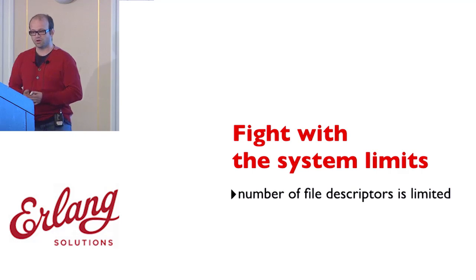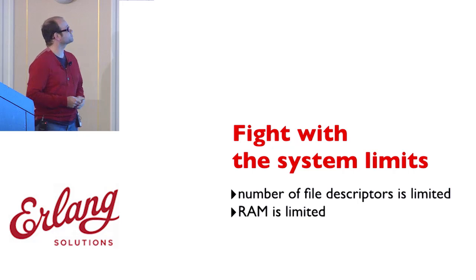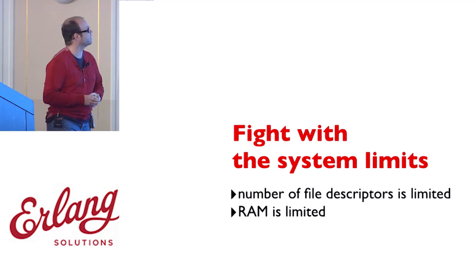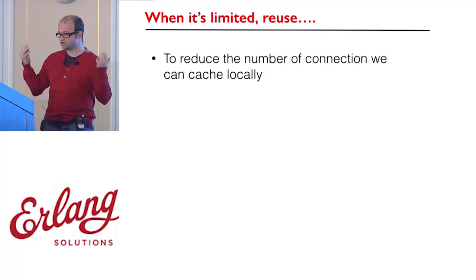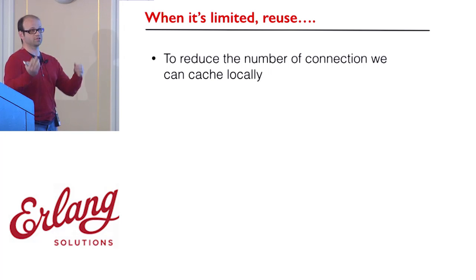The RAM, the memory is also limited, of course. So when it's limited, it's reused. So of course, to reduce the number of connections, you can cache your HTTP connection locally.